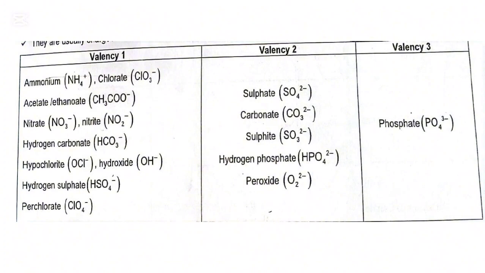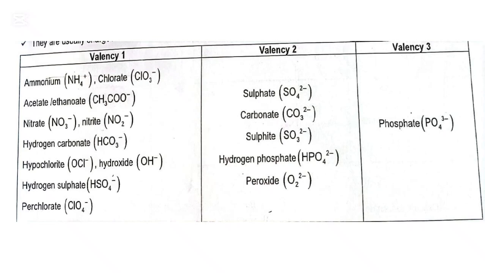Then those with valency 2 include sulfate ion, carbonate ion, sulfite ion, hydrogen phosphate ion, and peroxide ion. Then in valency 3, we have ions such as phosphate ion. So that is an example of a table representing the different types of radicals and their ions.